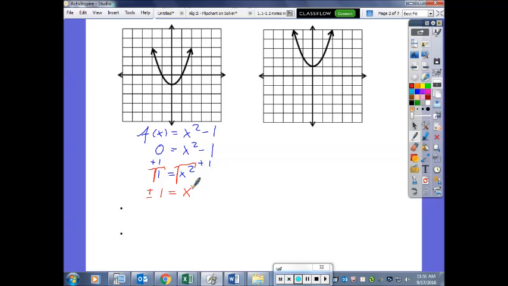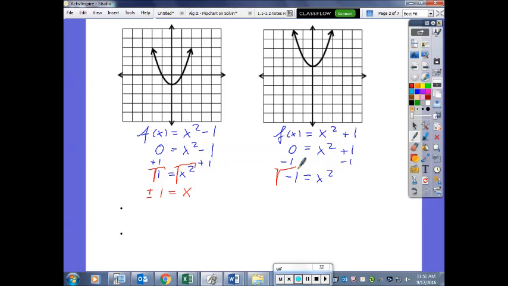Let's look at the example on the right. f of x is equal to x squared plus 1 this time. Setting f of x equal to 0, we get 0 is equal to x squared plus 1. Need to subtract 1 on both sides. Then we get negative 1 is equal to x squared.